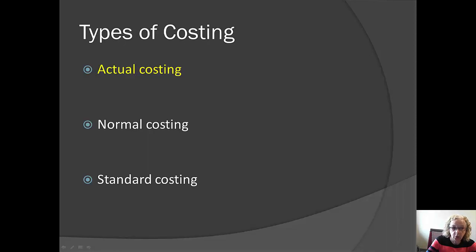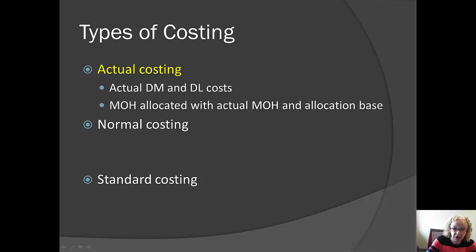In this chapter, we've been talking about how firms decide how much each job costs. But there are actually 3 methods for coming up with this answer. In actual costing, firms use actual materials and actual labor costs, and they try to use allocation of overhead based on actual overhead costs and actual amounts of the allocation base.